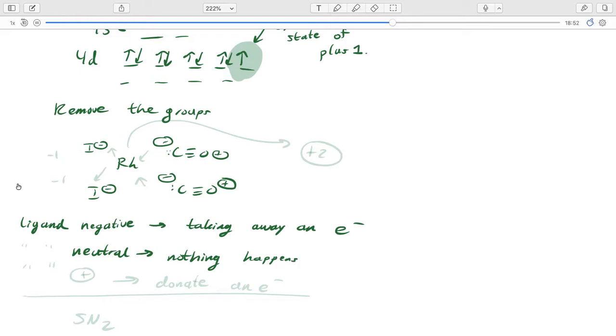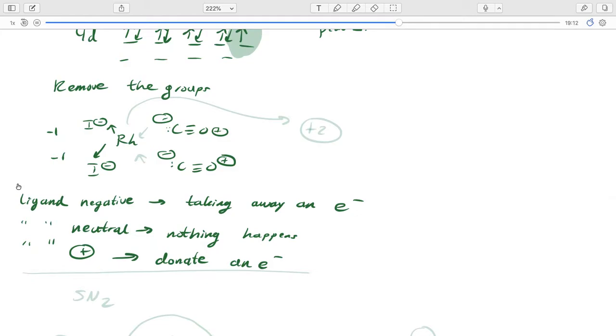And if it's positive, then it will donate an electron. So here we've got 2 negatives. So that's taking away an electron. That's taking away an electron. Oh, this is supposed to be minus.